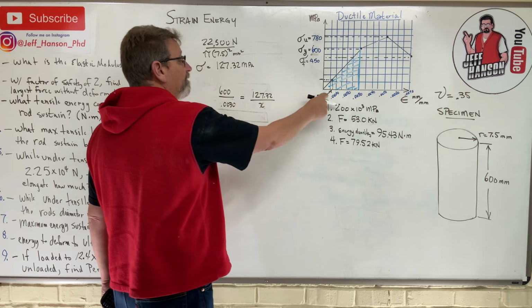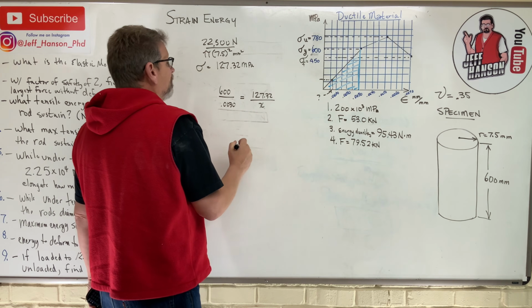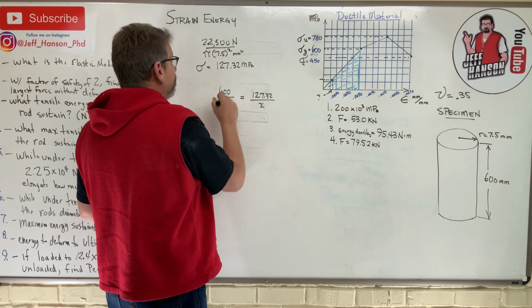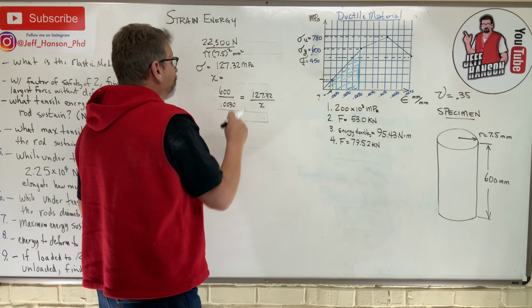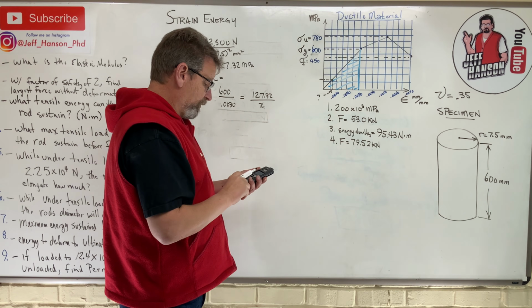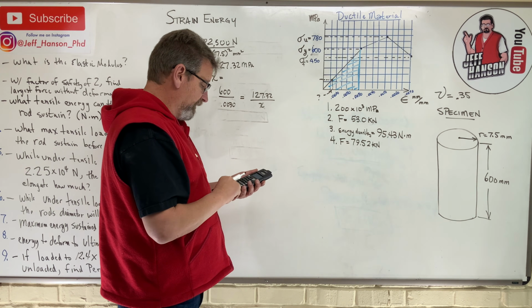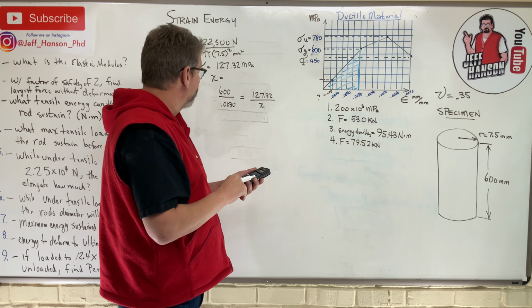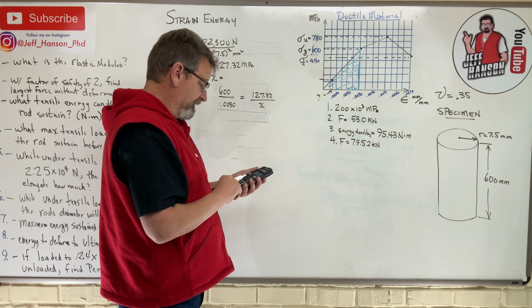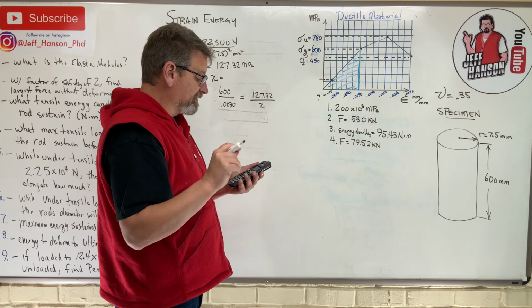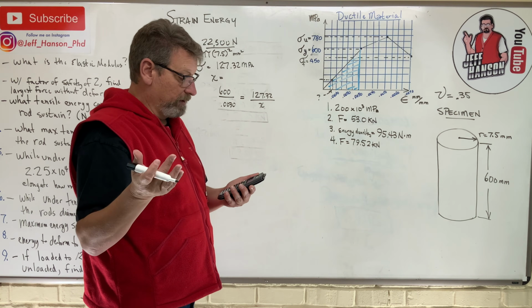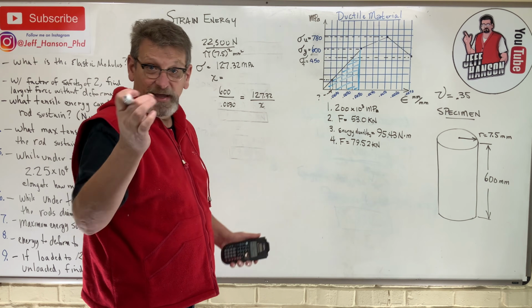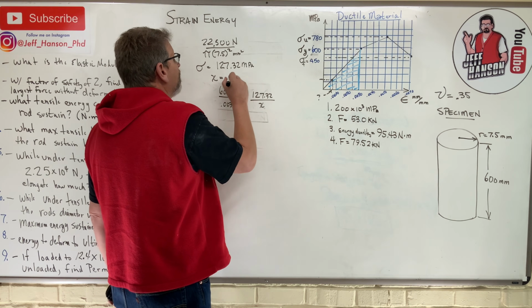So what is that value right there where the question mark is? Well, I'll tell you what it is. So X equals 127.32 divided by 600 times 0.0030 equals 0.000637. Hey, we were pretty close, weren't we?